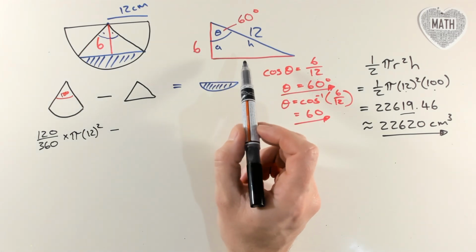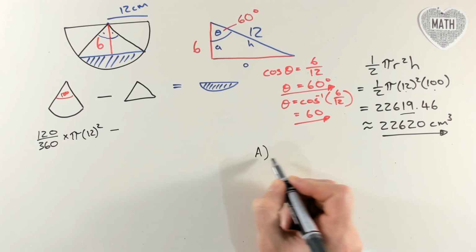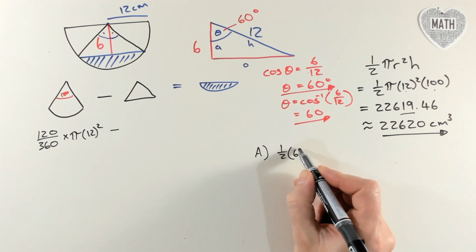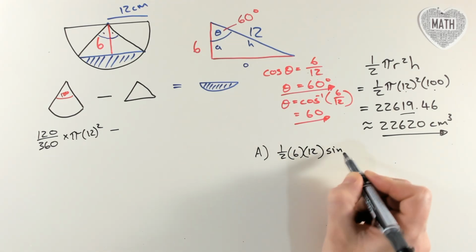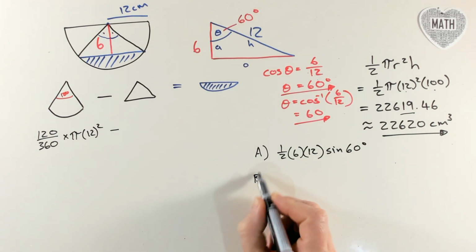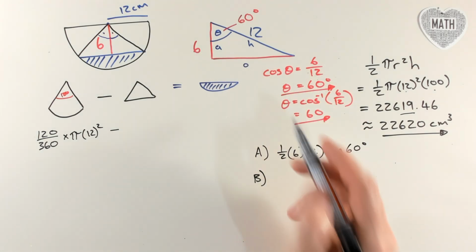Now there's two ways of working this out. Option A would have been saying half the length of one side times the length of the other side, sine of the angle, 60 degrees. And option B would just be Pythagoras, and then you would work out that length.